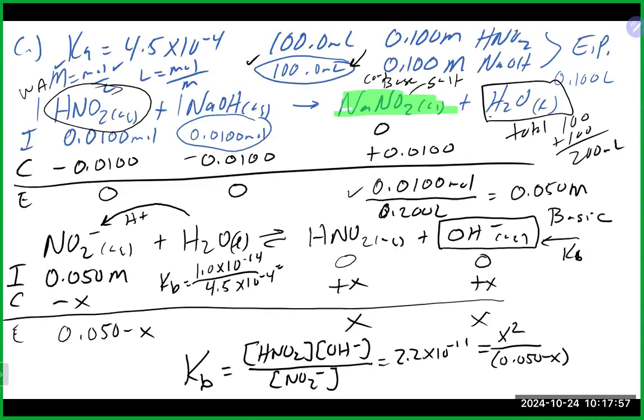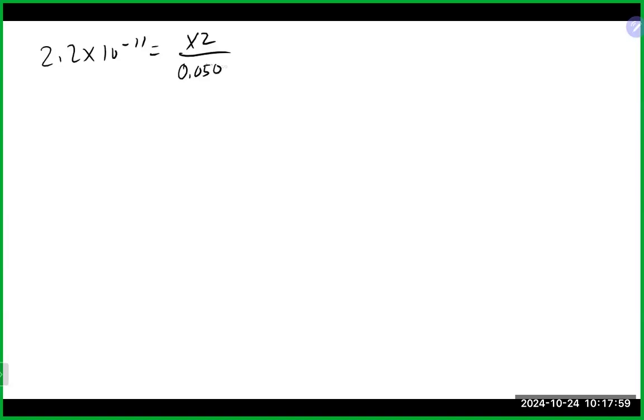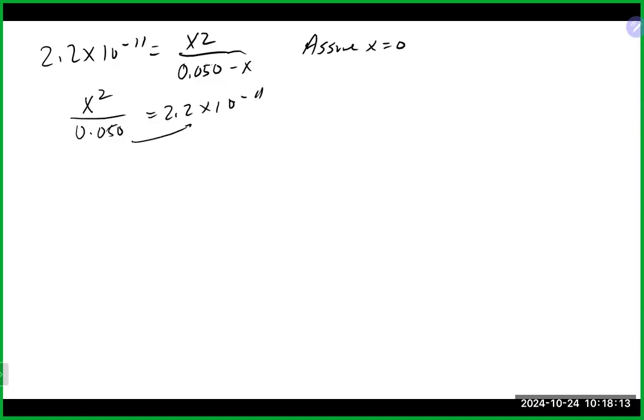So we got 2.2 times 10 to the minus 11 equals x squared over 0.05 minus x. So here we're going to assume x is equal to 0. So that's going to give us basically x squared over 0.05, 2.2 times 10 to the minus 11. We're going to multiply and then square root it. So we'll go 0.05 and now square root it.